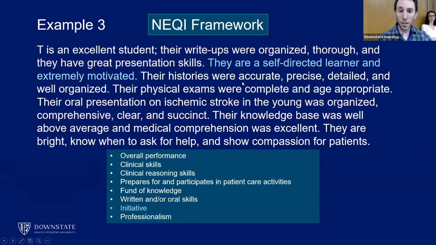We comment on T's initiative in blue. And lastly, we discuss their professionalism at the end in aqua. So I think looking at this narrative overall, we have thorough descriptions of multiple performance domains, and I think it's useful to the reader. So it really fulfills all 3 components of the NEQI.